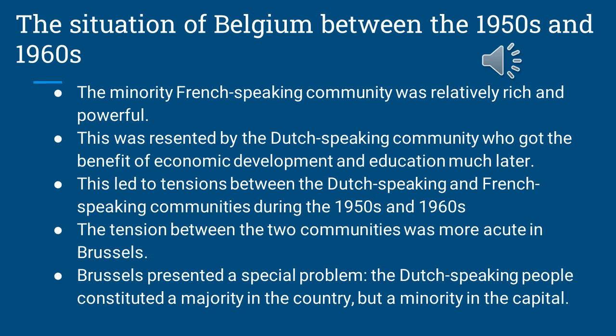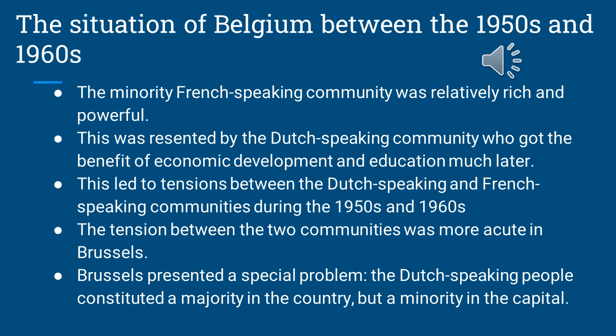French is always considered as the language of the aristocrat commonly, and French speakers were always rich and powerful, and this was resented by the Dutch speaking community, who got the benefit of economic development and education much later.